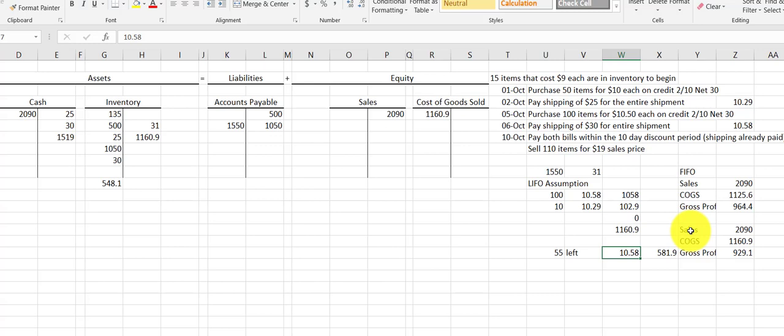Okay, they would be 15 at $9 and 40 at $10.29. Add those together, we get $5.46. You see we were off another $1.50 again between inventory and our calculation because of the rounding.